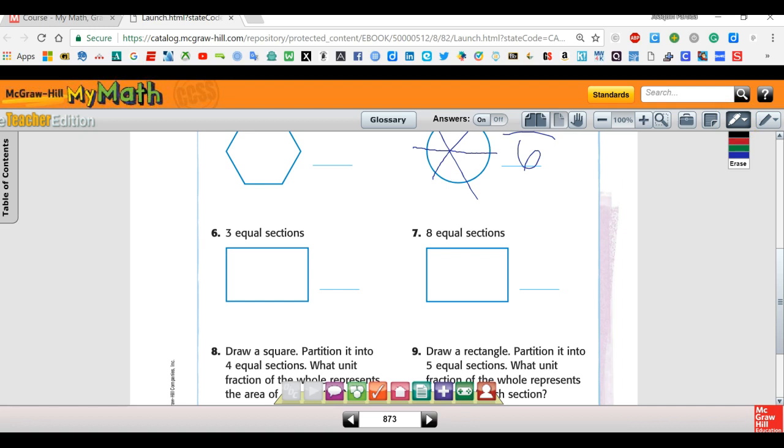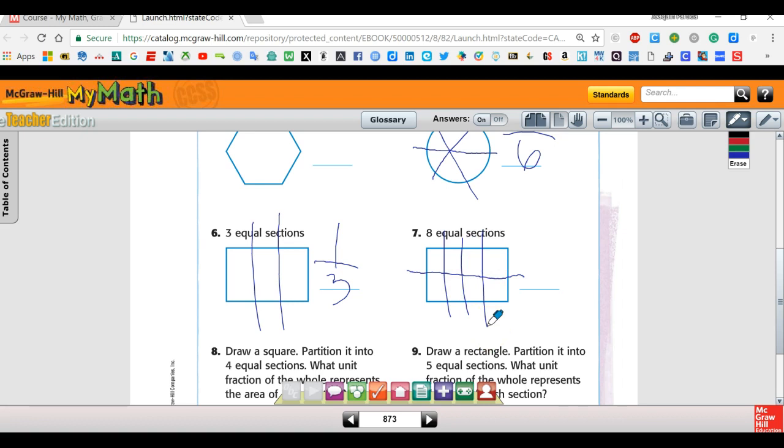So number 6, I would just have to cut it into 3 sections. My unit fraction for number 6 is 1/3. Ezekiel, take this out. 8 sections right there.